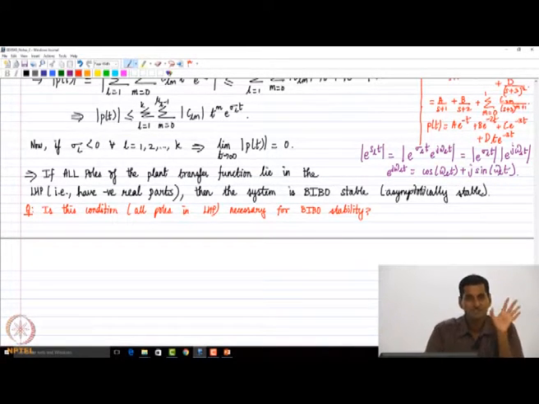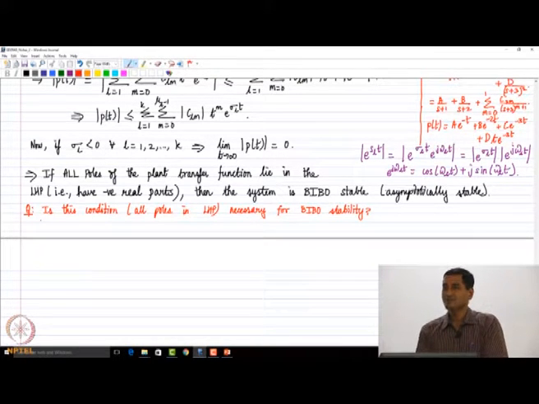That is sure. If you have repeating poles on the imaginary axis, any bounded input will lead to unbounded output. If you have non-repeating poles on the imaginary axis, you can always find one bounded input for which the output will be unbounded, right? So that is why this is also necessary.